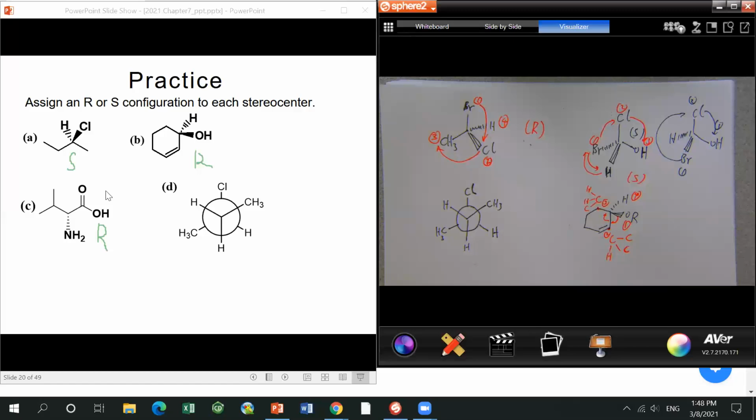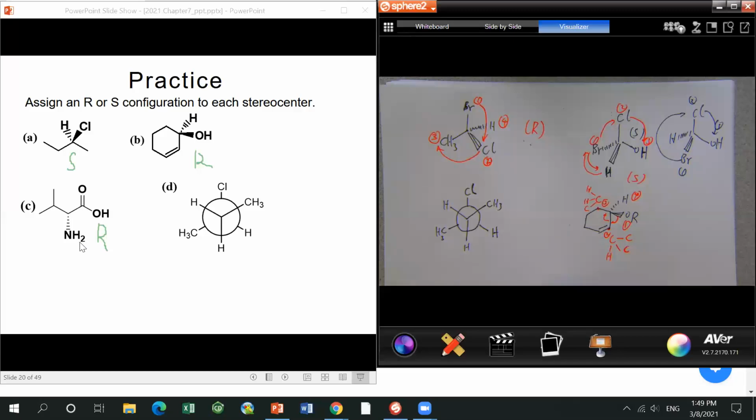The highest one should be the amine, N, followed by this carbon because the acid is treated as attached to 3 oxygens. Then the isopropyl. If you draw the arc, it looks counterclockwise, but because the hydrogen points towards you, it should be R.